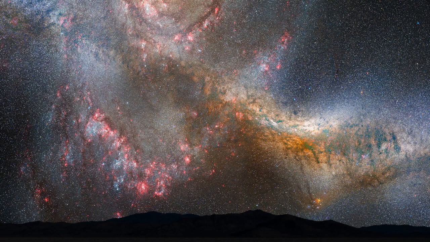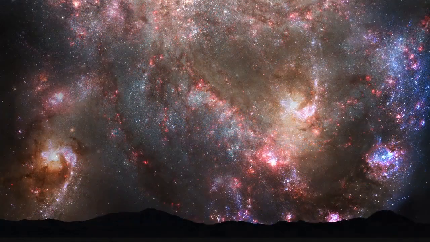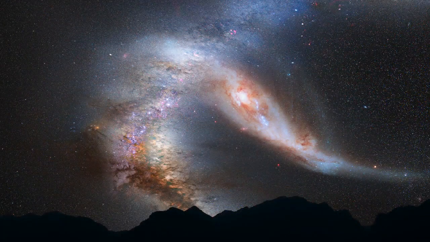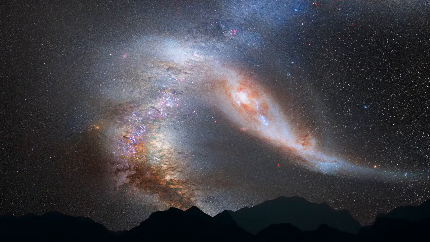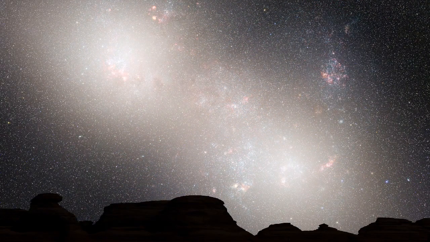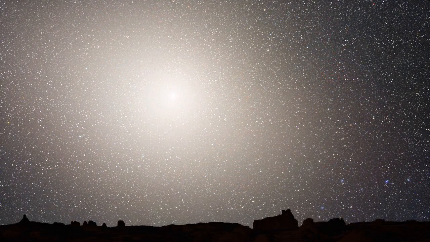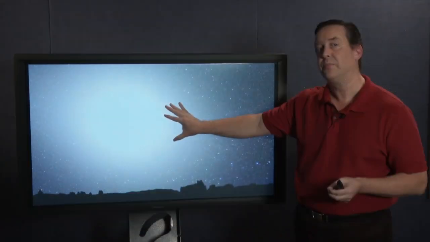And see all these red star forming regions, there's going to be incredible amounts of star formation as the 2 galaxies pass through. Andromeda is then going to distort, we'll develop those big long tidal tails as it moves away from us. And then the 2 galaxies will come back in and finally merge together. About 6 or 7 billion years from now, we will look out upon an elliptical galaxy.